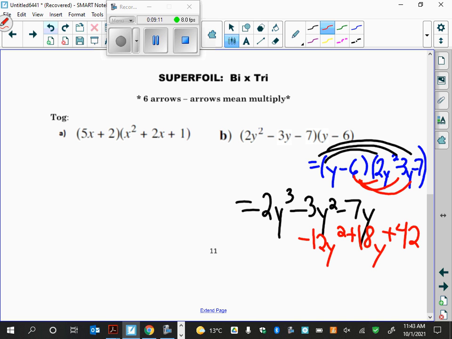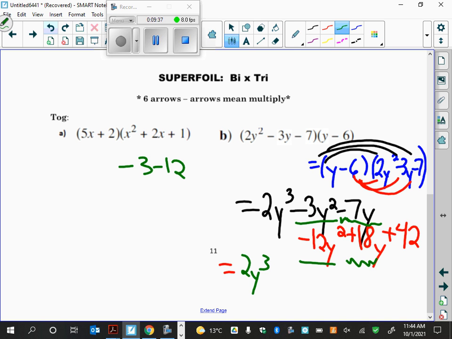And now collect like terms, add the y squares together and add the y's together. You're collecting the y squares together and the y's together, including the sign. Nobody should be getting this wrong when you have a calculator.